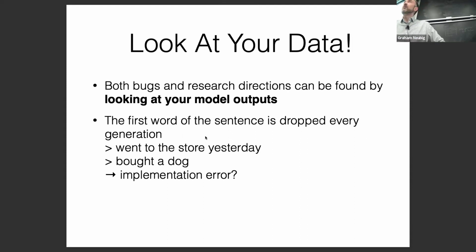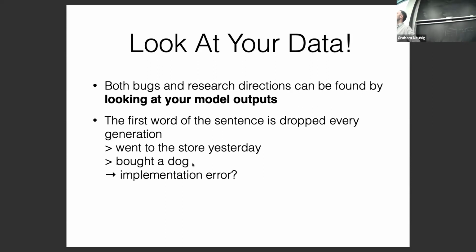To give one example of a very common mistake that you can make when you're creating a generation algorithm, it's these sort of off by one errors. Let's say you implemented a translation system and it's generating outputs like "went to the store yesterday, bought a dog." You can immediately look at this and say, hey, this doesn't look like natural English.